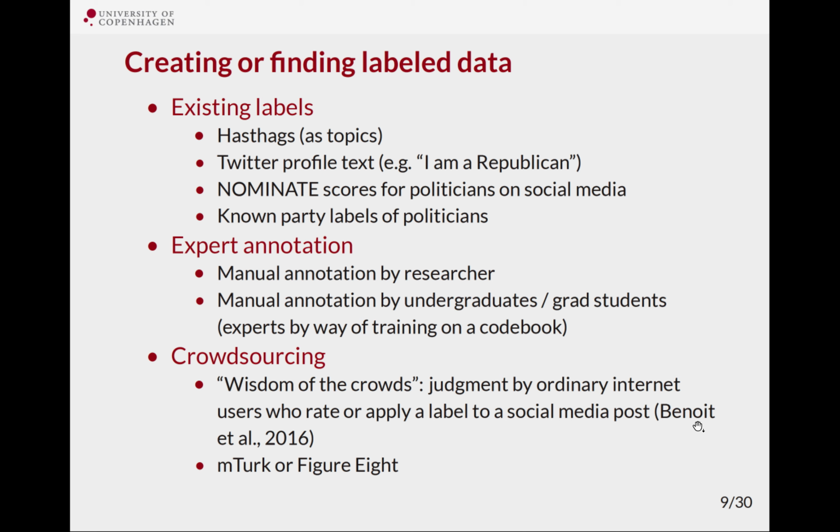And this Benoit article is just showing that these non-expert annotators actually do a really, really good job relative to experts. So you would think that experts actually do better, and I think they do on average. But ordinary users, or just ordinary people, ordinary citizens, actually do quite a good job.